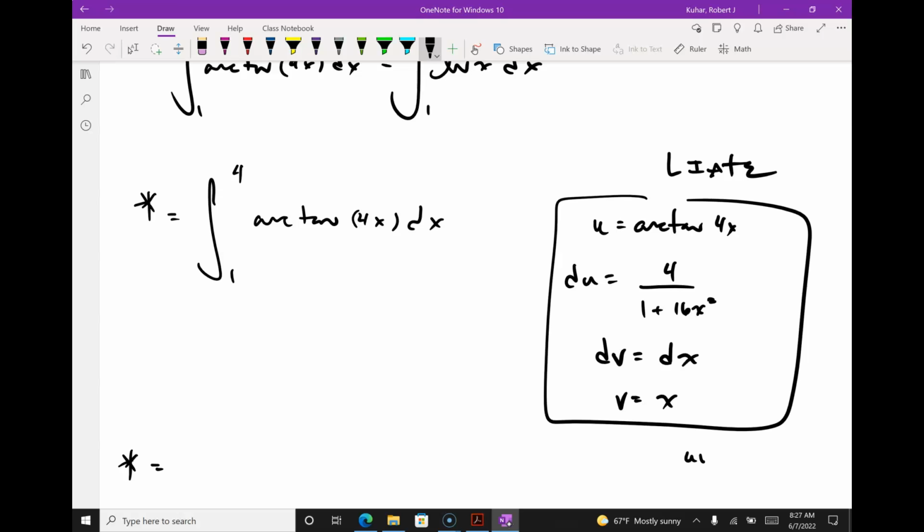Remember, I need uv minus the integral of v du, right? So it looks like x arctan of 4x minus integral of v du. Oh, that's a dx there, sorry.